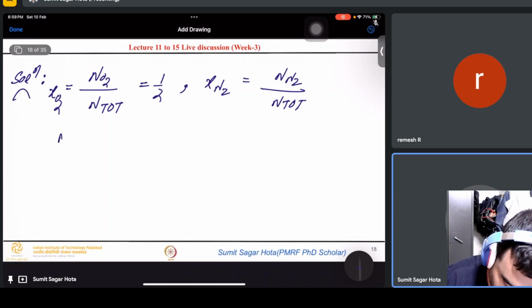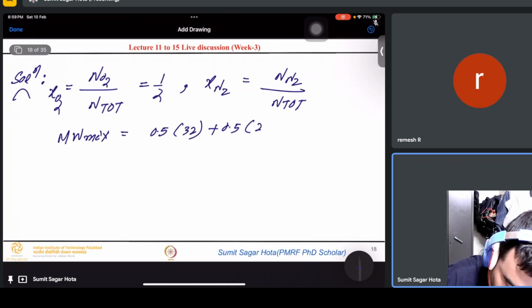So now the molecular weight of the mixture is 0.5 times 32 plus 0.5 times 28.013.